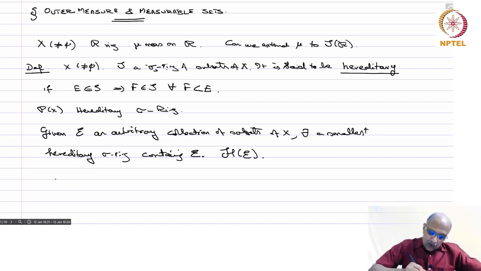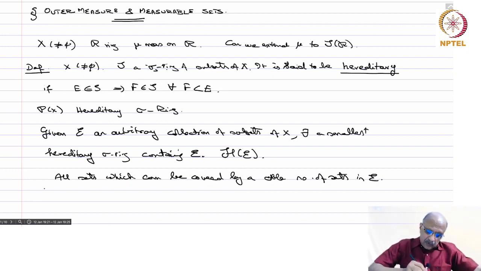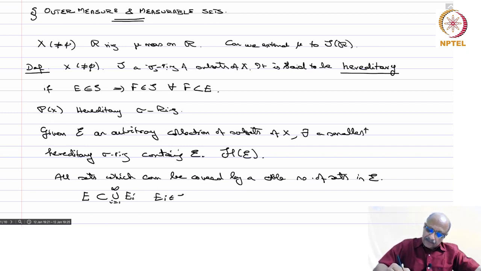Now if you take all sets which can be covered by a countable number of sets in E, that means if E is such a set, then E can be written as a union of E_i, i equals 1 to infinity, where E_i belongs to E. So this is the set of all such sets that can be covered. This is a hereditary sigma ring.